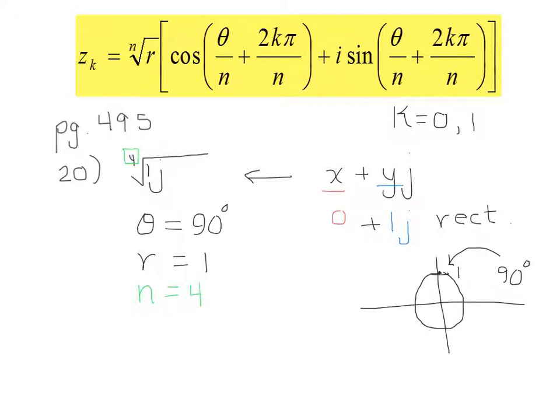So we'll do it with 0, with 1, with 2, and with 3. But we'll do it with 0, and then we'll show you a little shortcut for continuing on from there.